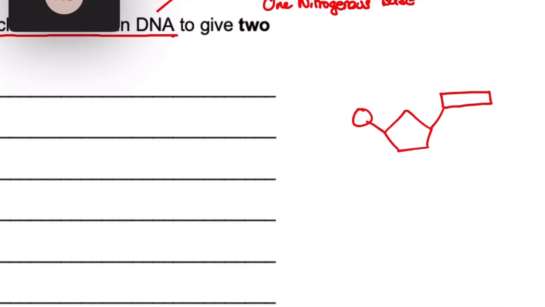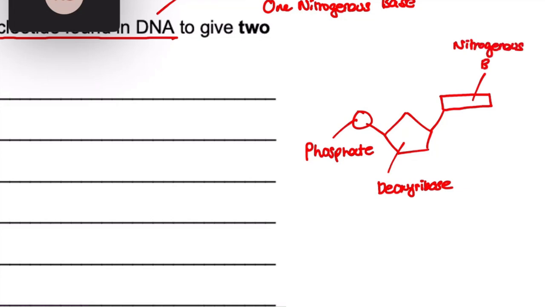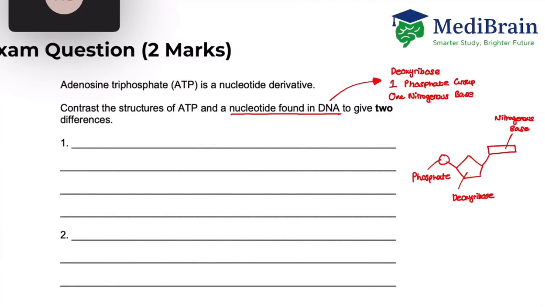Okay, so we've got our deoxyribose, which is our pentose sugar. We have our phosphate group, and then we have our nitrogenous base. Okay, that's just the structure of DNA. So we've looked at the nucleotide found in DNA.